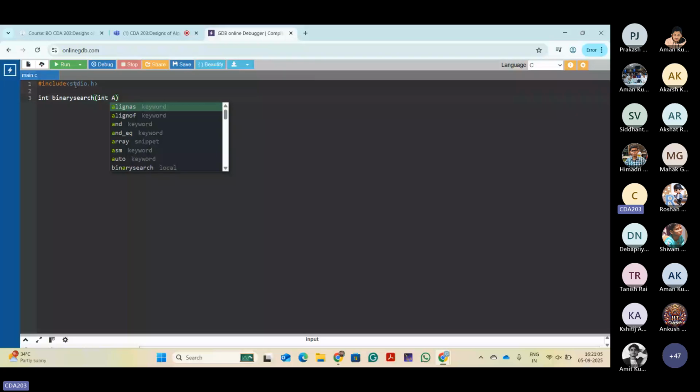So this binary search function will contain the array. It actually depends on the code, how you want it. One integer is the smallest index at the start of the array, so let's say start, another is the end, and another is the key.